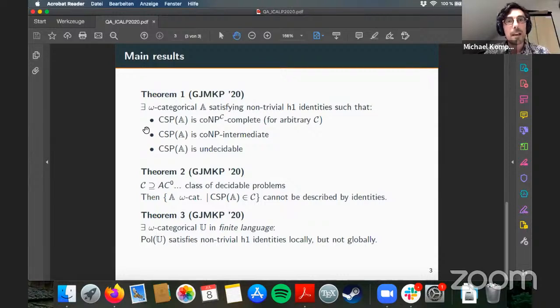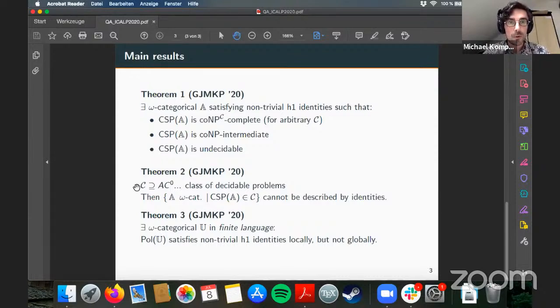So we can find CSPs that are co-NP to the C complete for arbitrary complexity classes C such that such co-NP to the C complete problems exist. We can also find CSPs that are co-NP intermediate, supposing that P is not equal to co-NP, and undecidable problems.